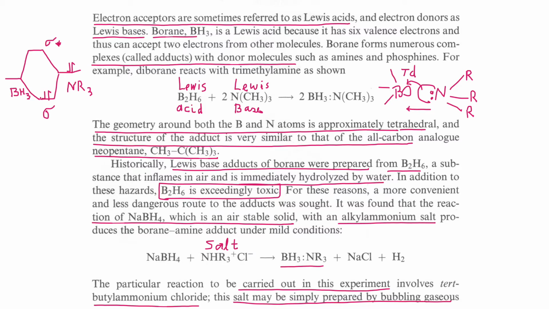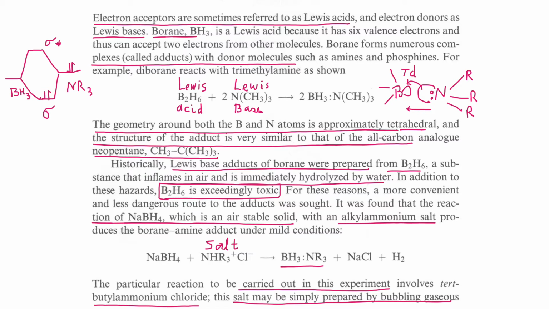And when we mix the tributyl ammonium salt with NaBH4, we're going to end up with the adduct BH3 NR3. In this experiment, you have to take care about the toxicity of B2H6 and make sure that the fumes don't go into the lab.